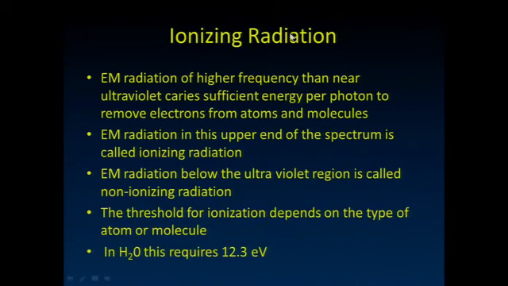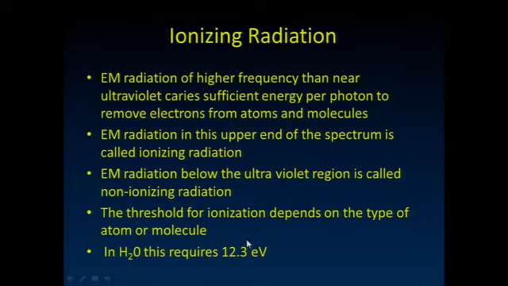I want to mention ionizing radiation. Electromagnetic radiation of a higher frequency than the near ultraviolet has enough energy per photon to remove electrons from atoms and molecules. If you look at that, in water, that requires about 12.3 electron volts. They're sharing some electrons there, so it's a little bit lower than what we saw in hydrogen.